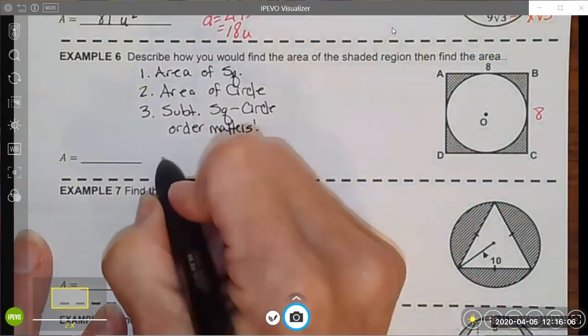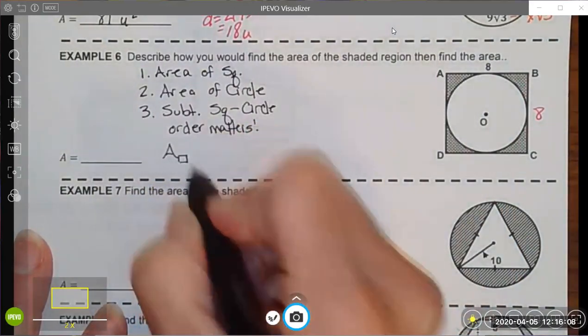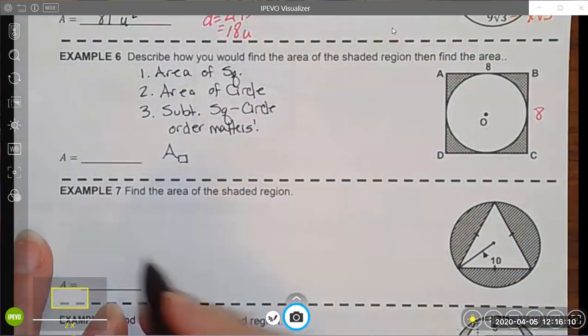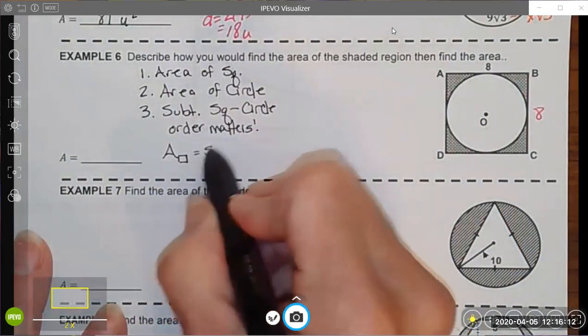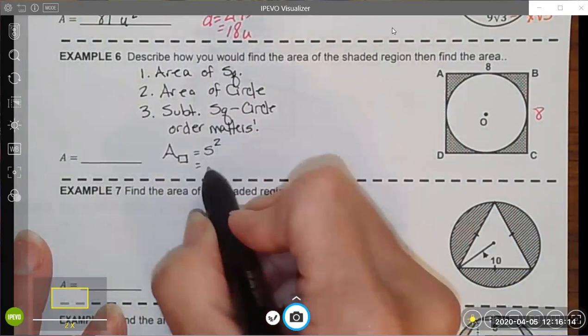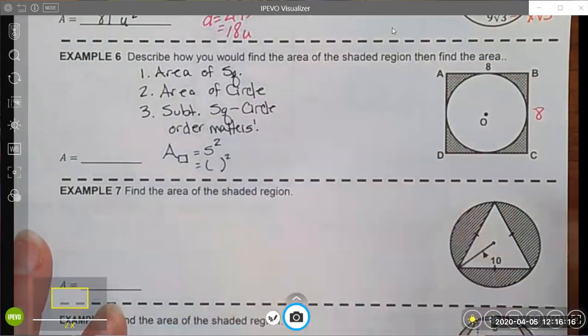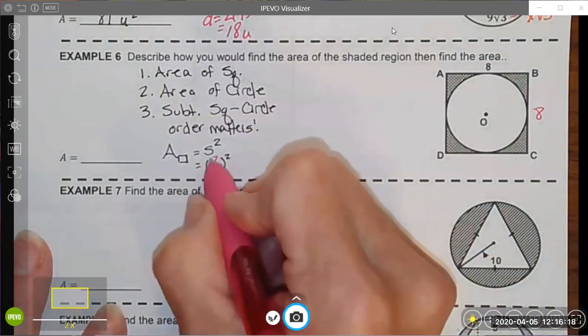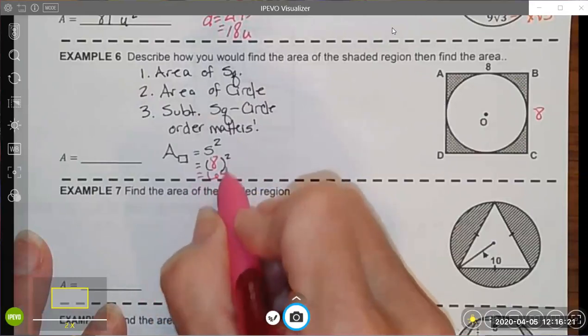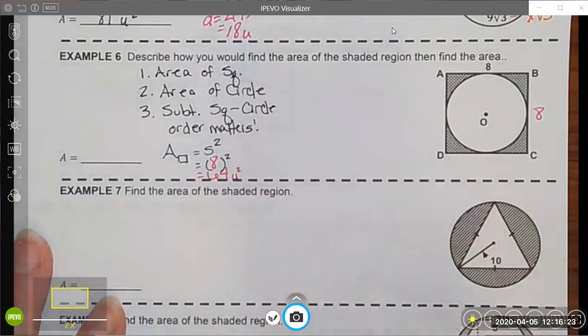So the area of my square, which I'm going to indicate by putting a little square down here, is going to be found by doing side squared, or in this case, 8 squared, which gives me 64 units squared. So that's the area of my square. Now I have to find the area of my circle.